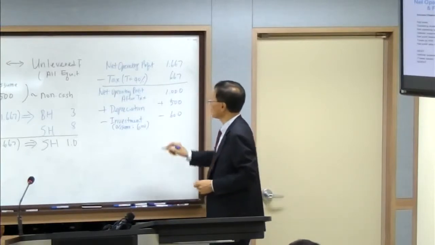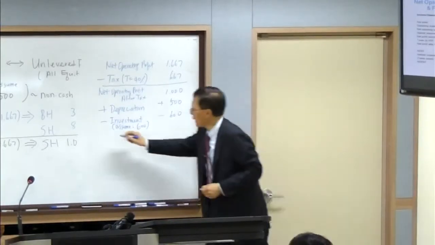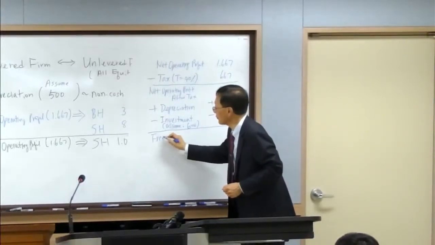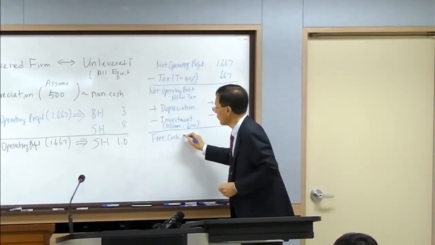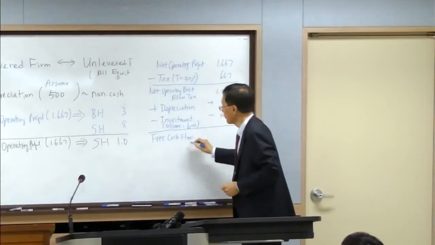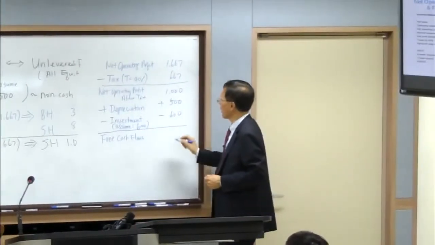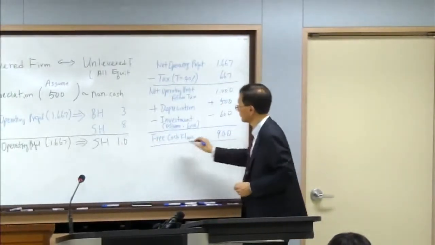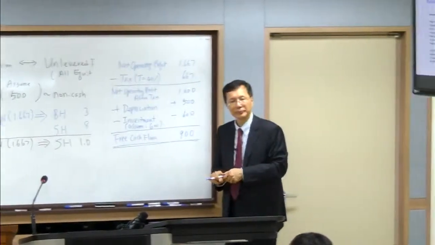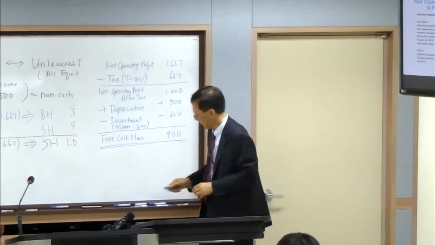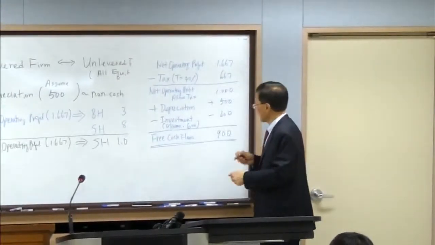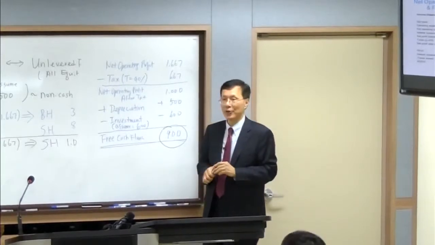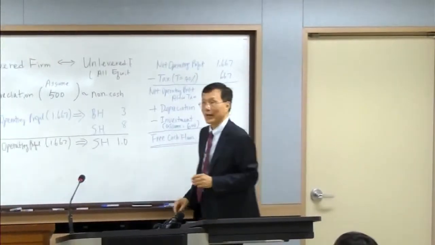So add 500 and subtract 600. And the resulting one is called free cash flows. Free cash flow will be 900. And free cash flow is what goes on to the numerator of your analysis.